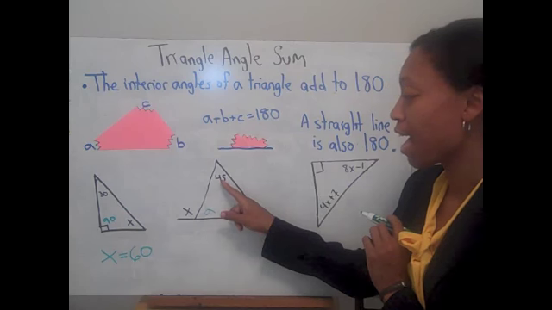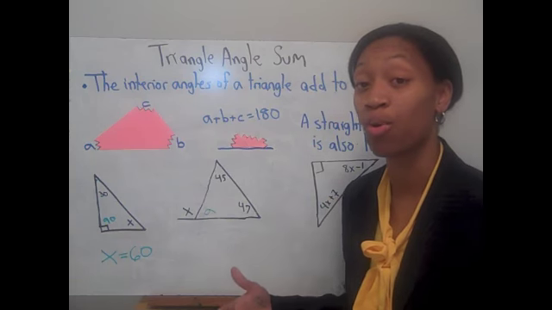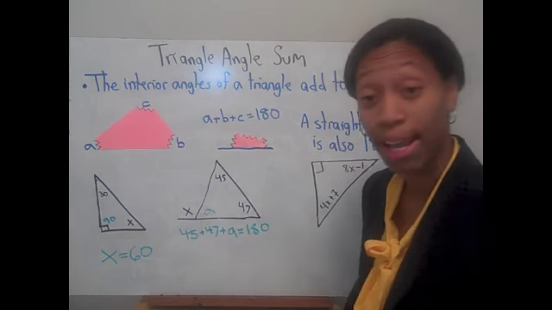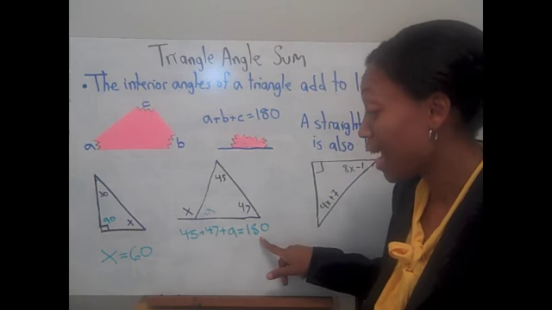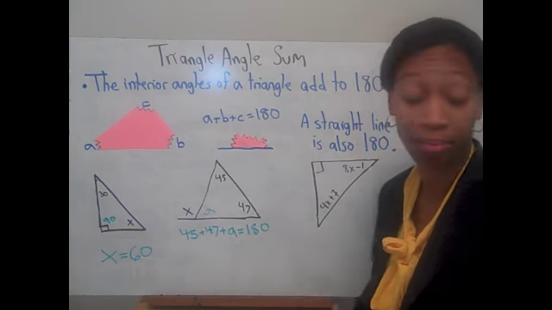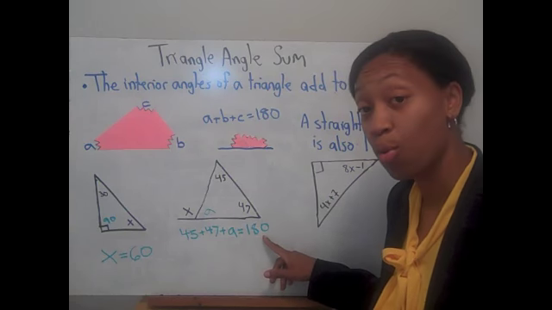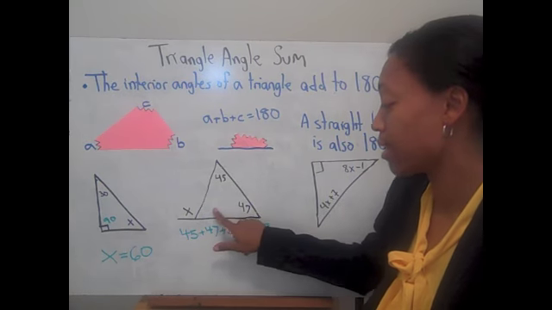Okay, if I add 45 plus 47 plus a, that should equal 180. So to solve for a, I just need to subtract to the other side. Subtract 180 minus 45 minus 47. So subtracting that would give me a equals 88. So now I have 88 inside here.